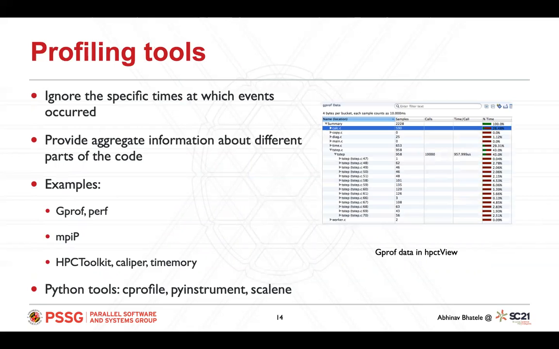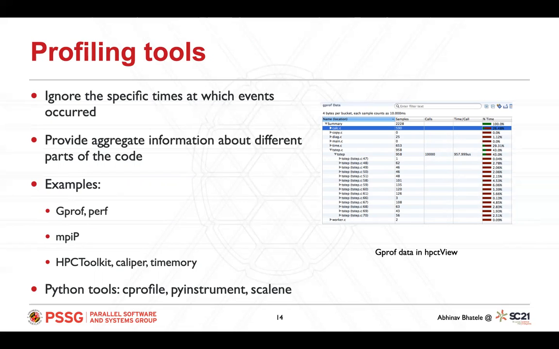As opposed to tracing tools, profiling tools ignore the specific times or timestamps at which events occur. They provide aggregated information about different parts of the code. Some popular examples of profiling tools are gprof and LinuxPerf. mpiP is a profiling tool for collecting MPI information. And then again, in this tutorial, we'll cover HPCToolkit, Caliper, and Tempery, which provide profiling capabilities.